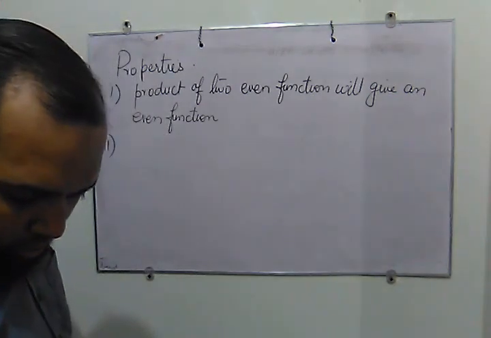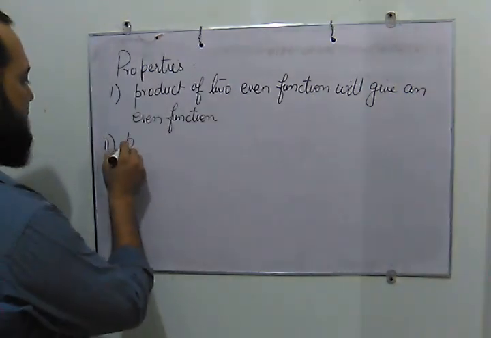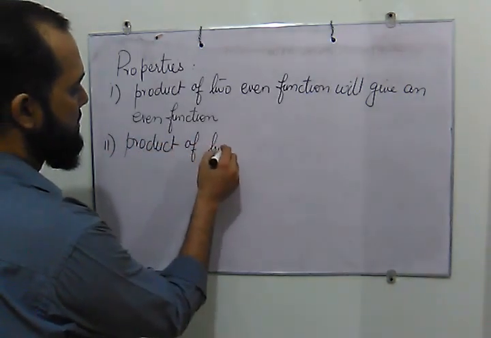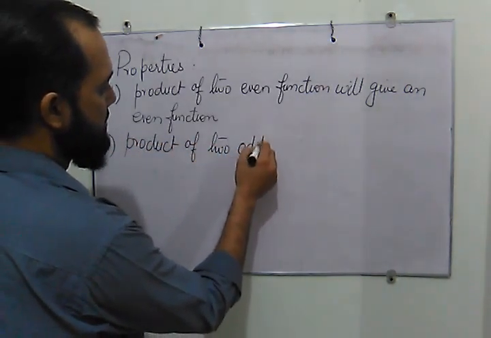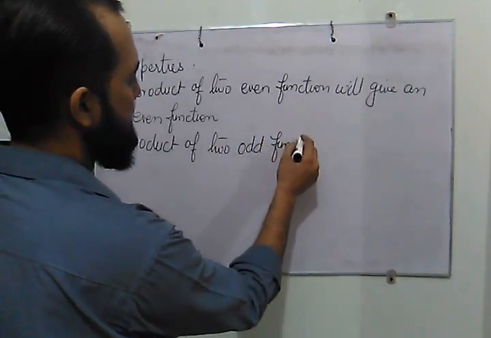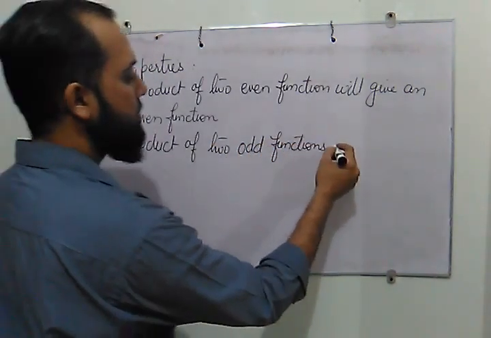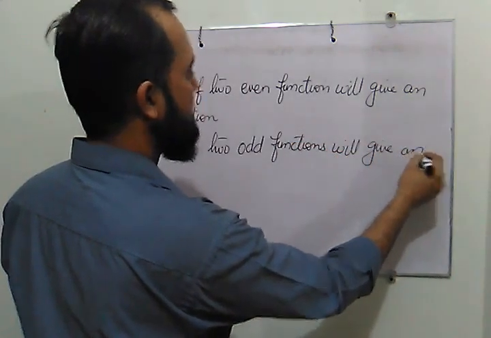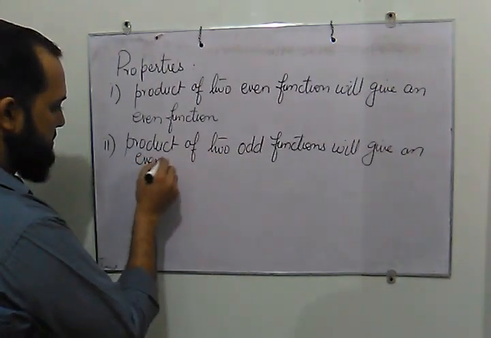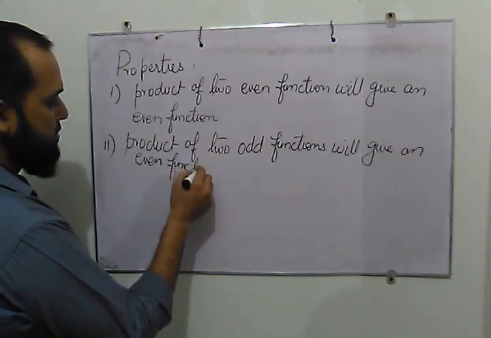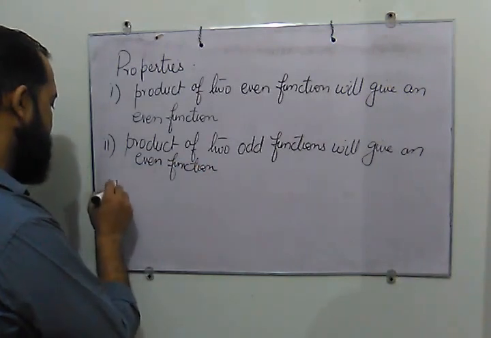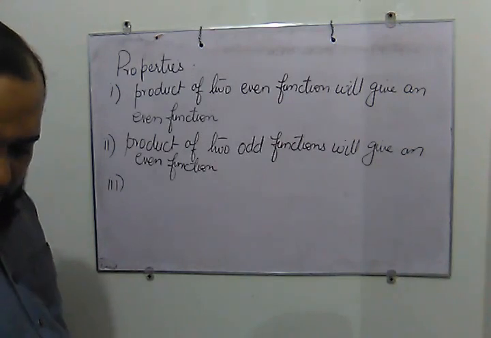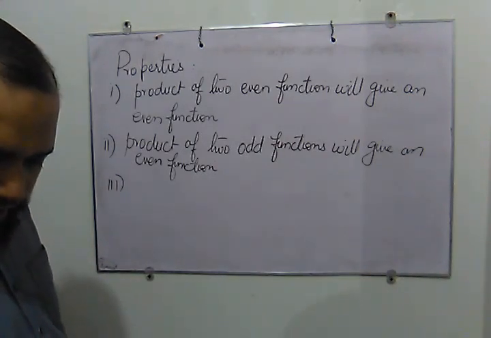The product of two odd functions will also give an even function. Property number 3 is the product of one even and one odd function will give an odd function.